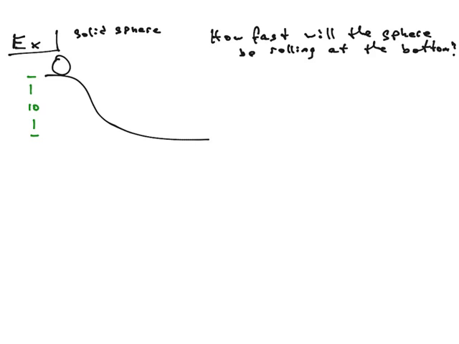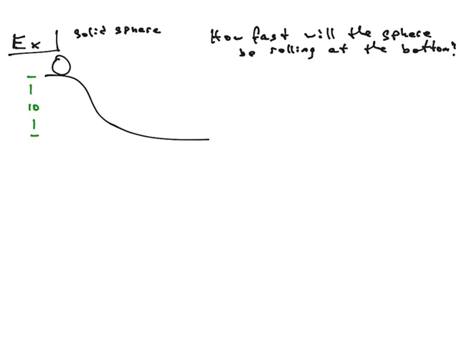Number two, I only know the shape of the object. It's a solid sphere. I don't know how heavy it is, how much mass, how big, I don't know any of it. So this is worrisome. But let's proceed and see how far we can get. If I need more information, then I'll have to ask for it or something like that.